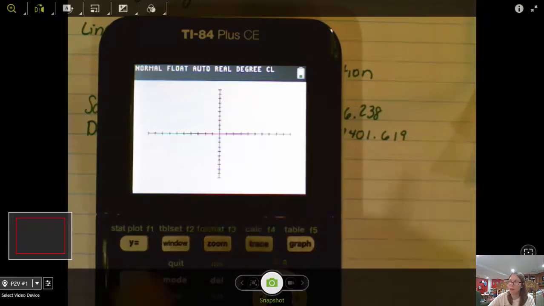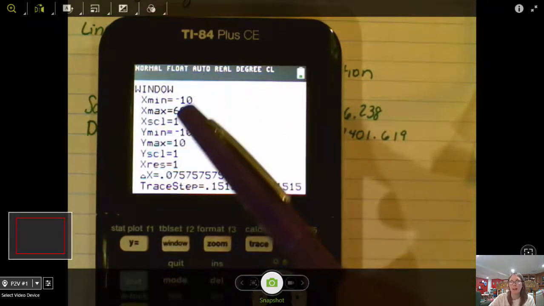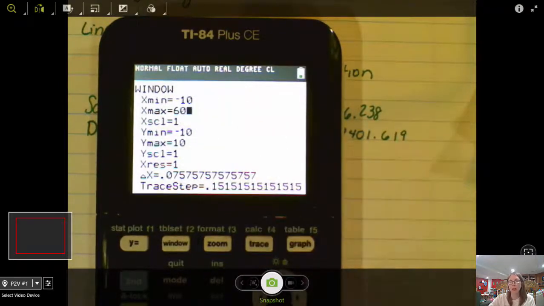That's all we know. So a way that I can easily find my y values is to go to Window. I know my x values. I'm looking at the years 1950 to 2000, which, since we called 1950 year 0, is really going from 0 to 50. So I'm going to have my x min be negative 10 and x max be 60, just so I have a little wiggle room there.